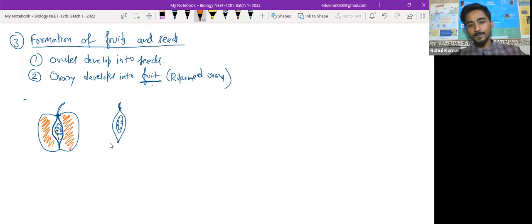So this is an ovary. If you look at the structure, does it look like exactly that at one point of time, this was the ovary, this was the embryo sac with ovules inside, and there will be a style and a stigma, right? Yes.